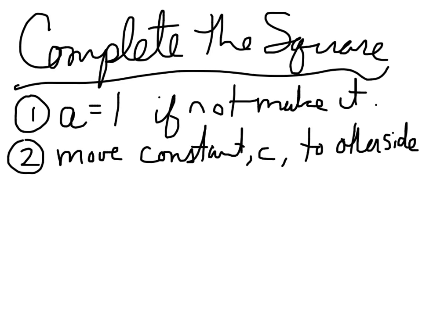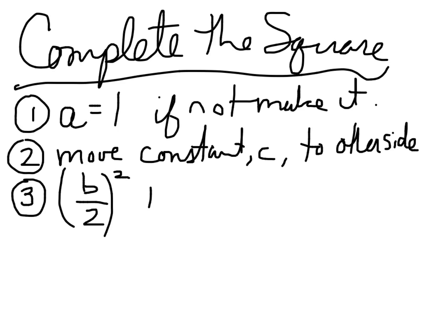All right. Step 3. This is how it gets its name. This is the most important step you're going to do in completing the square. You're going to take the number that's in the B position, you're going to divide it by 2, and square it to both sides. Now, why do I say to both sides? Because it's an equation, and if you do something to one side, you must do it to the other.